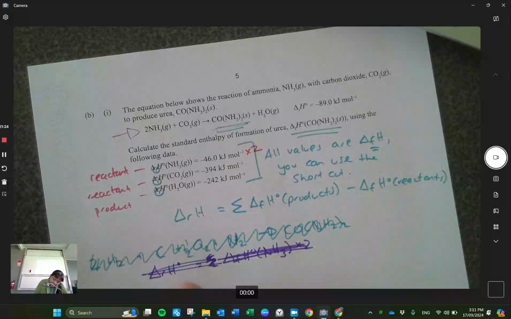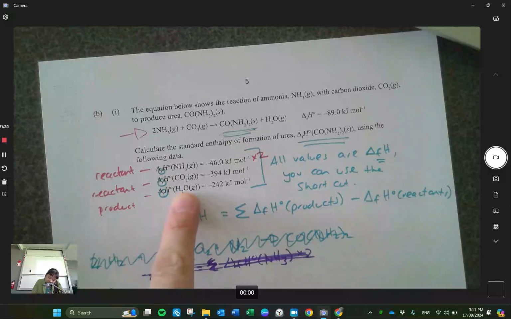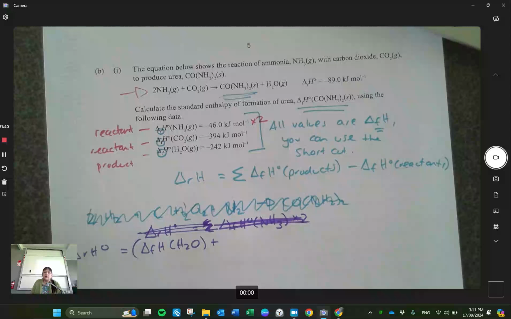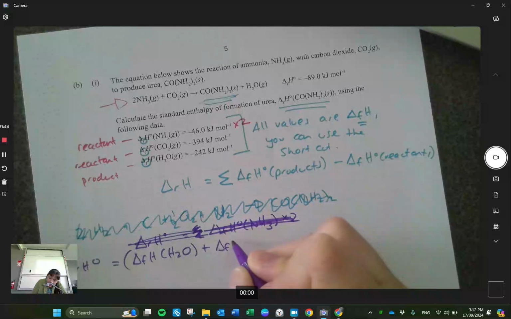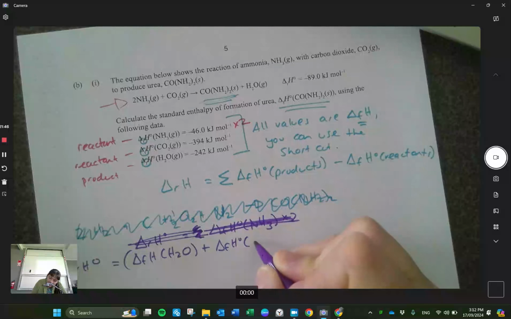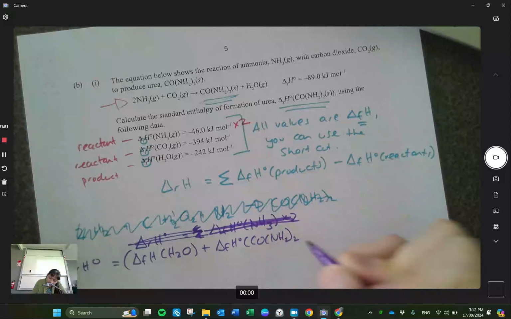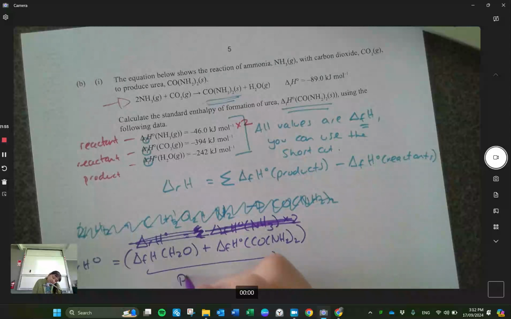Delta RH is equal to my product. So one of my products is the water. What's the other product that I have? This one here, the formation of urea. Are we okay with that? So this is my sum of the products.